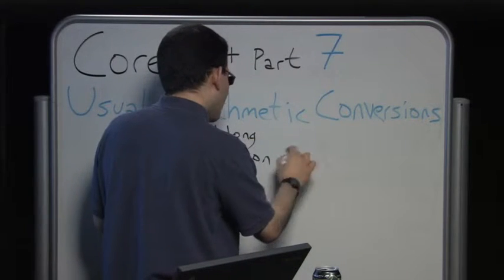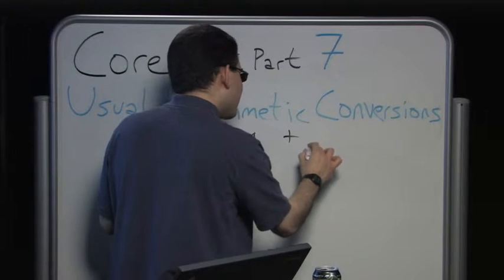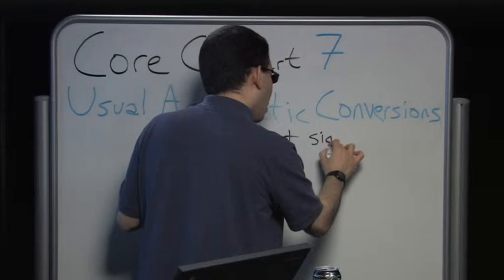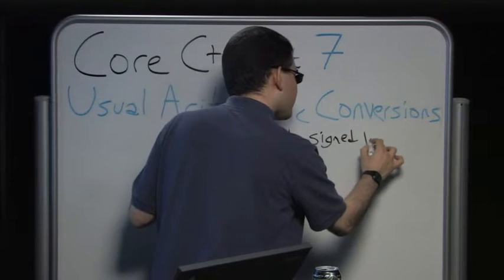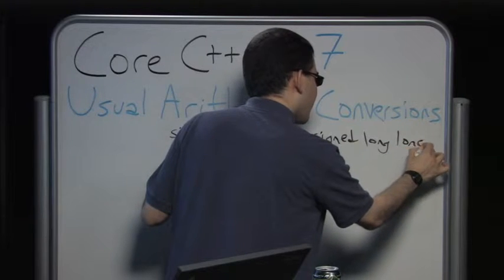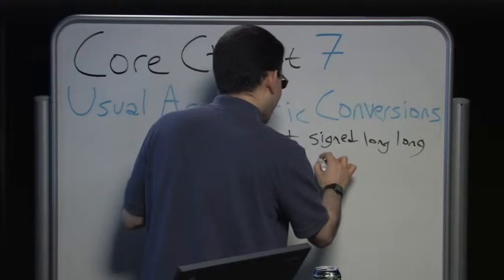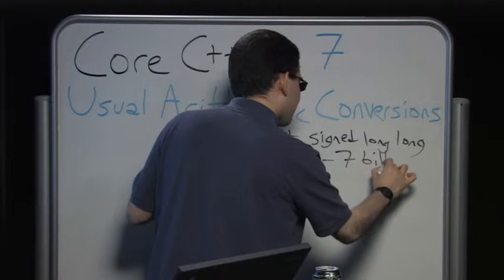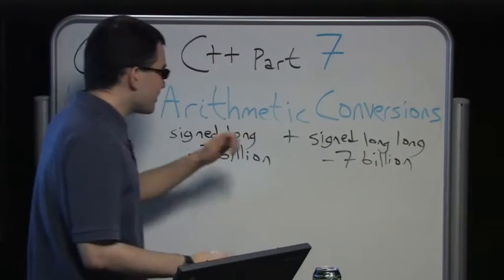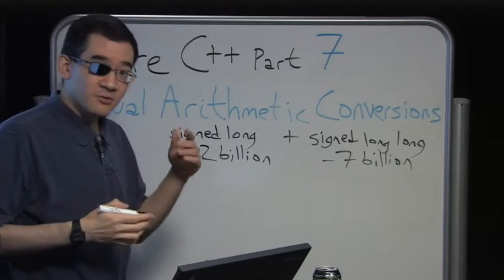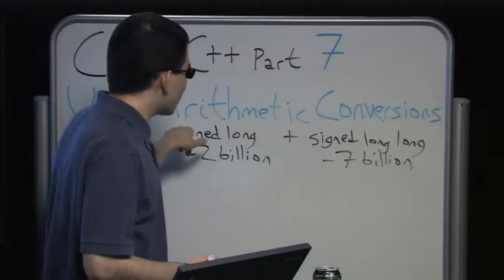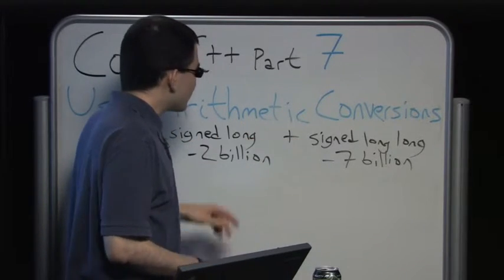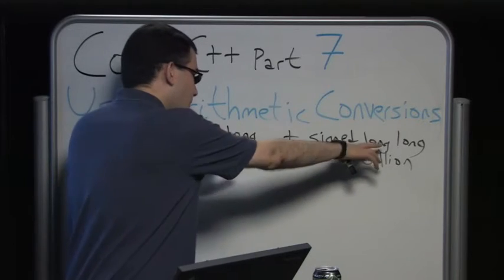And imagine that I'm also going to add it to a signed long whose value is something like negative 7 billion. I add these together. So they go through the integral promotions, and this says, okay, you guys are big, so I'm not going to promote you. Then it says, okay, are you the same? No, they're not the same.